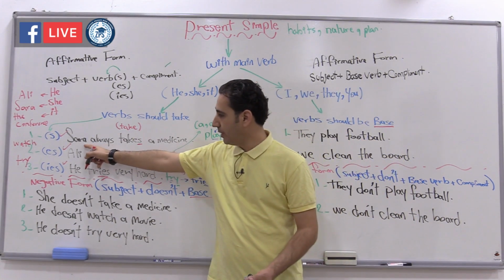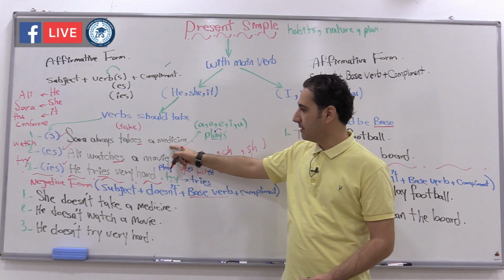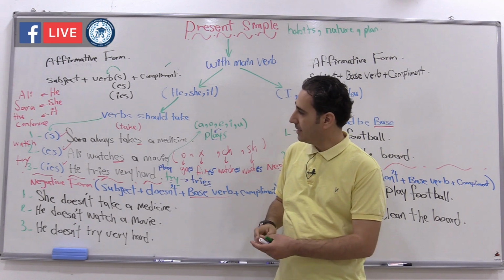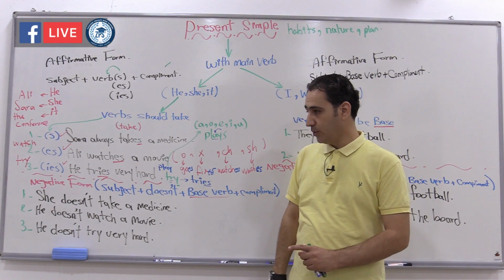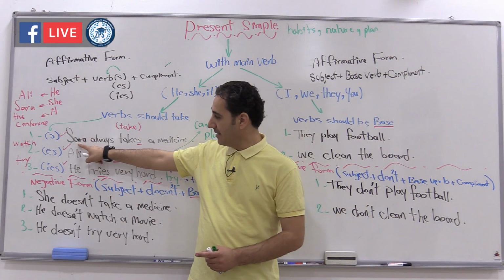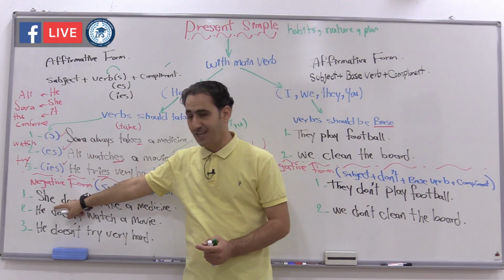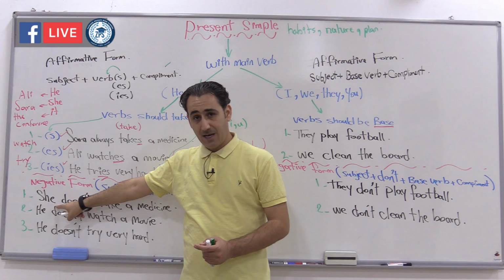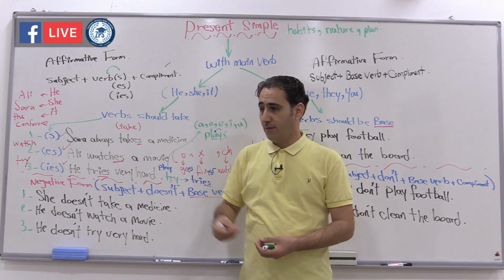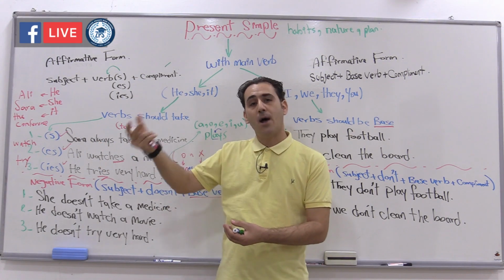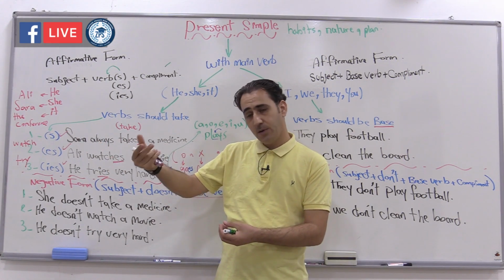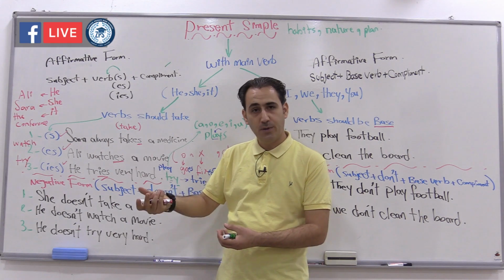How can you change this sentence into negative? Sarah always takes a medicine. As I told you, instead of using Sarah, we can use she. I'm not always trying to refer to the person. Instead of using the noun, I can use the pronoun.